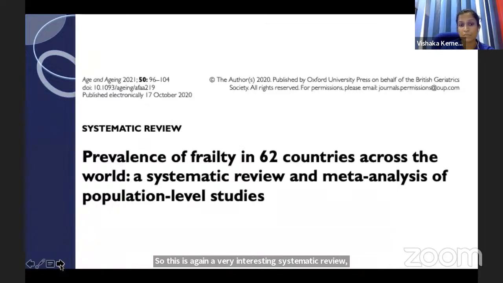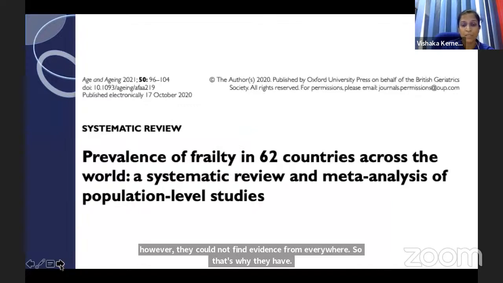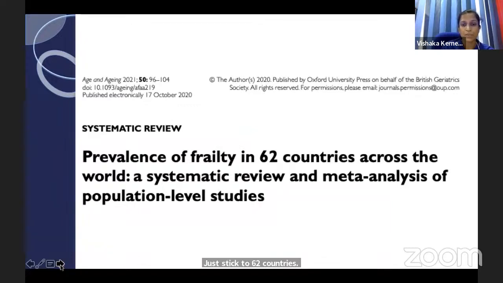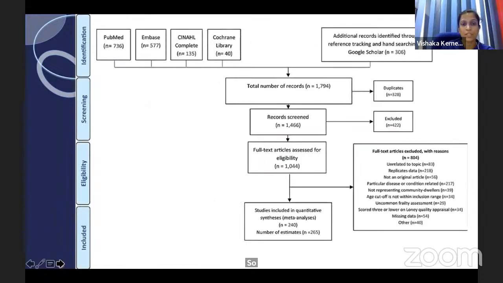It was done to find the prevalence everywhere in the world, but they could not find evidence from everywhere, so they just stuck to 62 countries. They screened most of the main databases, and it sums up to 200 plus articles.